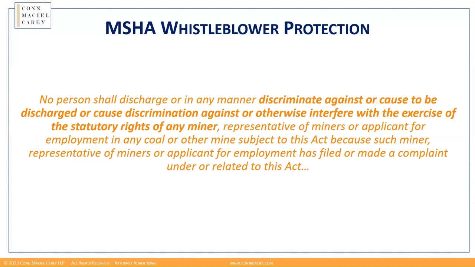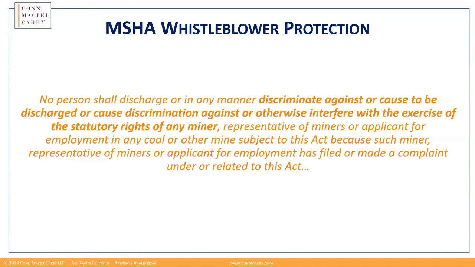So there's a couple things to break down here. One, it's discriminate, discharge, or cause discrimination against. Those are kind of what we would usually think of in this situation. Someone does something that's a protected activity within the rights of a miner. We'll just use the example that we've been talking about so far. They call MSHA and they make a complaint.